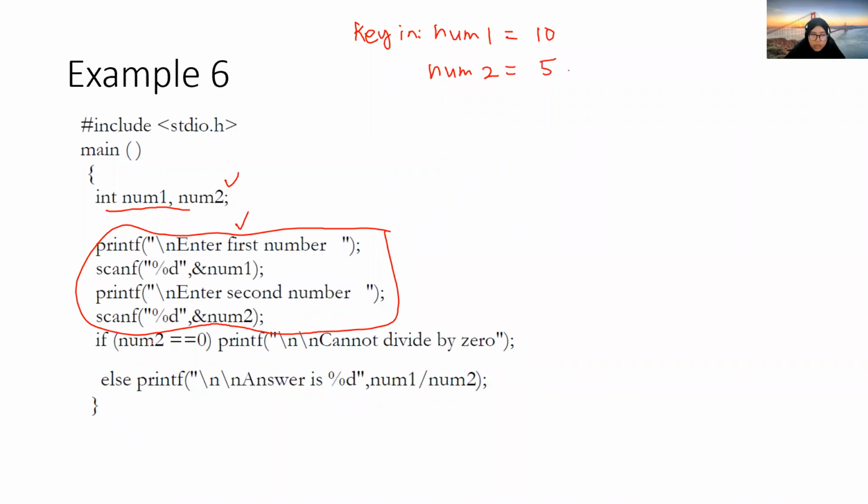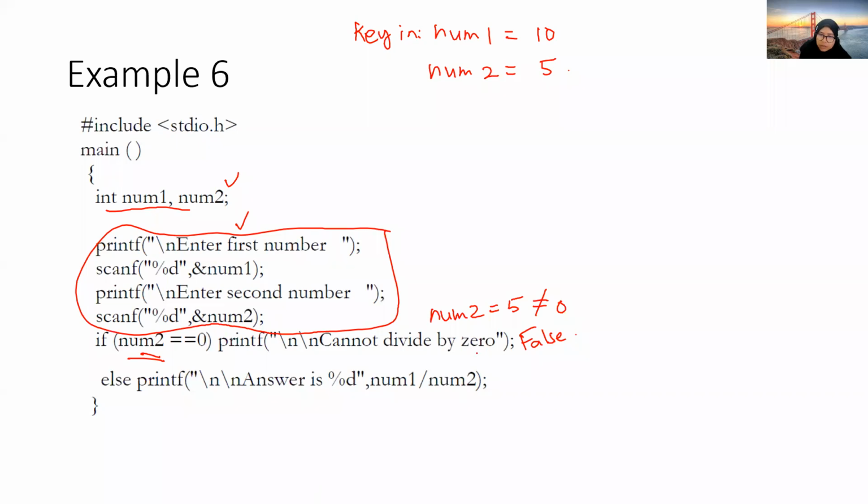Okay, so let's look at this condition. If num2 equals 0, print the message cannot divide by 0. Because num2 is assigned to be 5, and this is not 0, this is false.